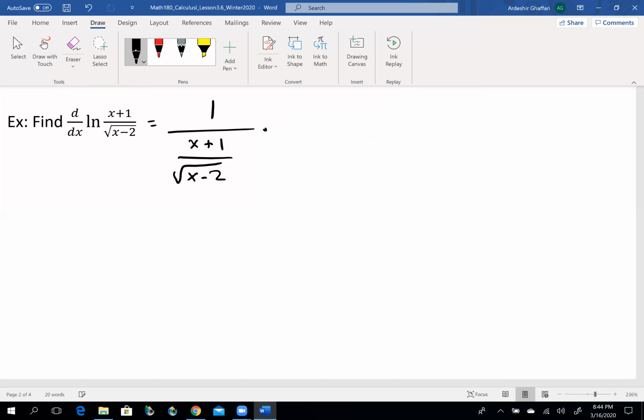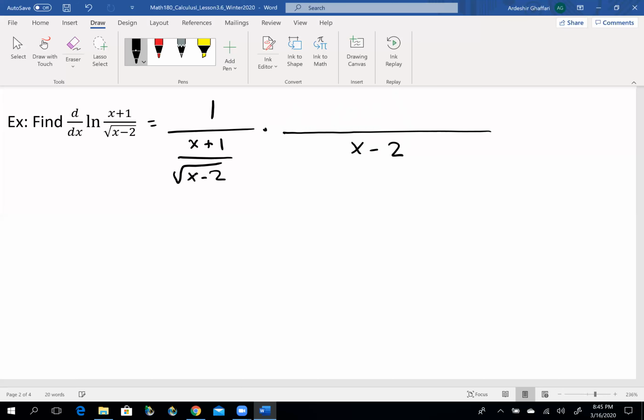Okay, so to take a derivative, again, I'm going to draw a big line. So again, the denominator, so it's going to be a square root of x minus 2 squared. So when I square it, actually the square root is cancel out. So what's remaining is just x minus 2.